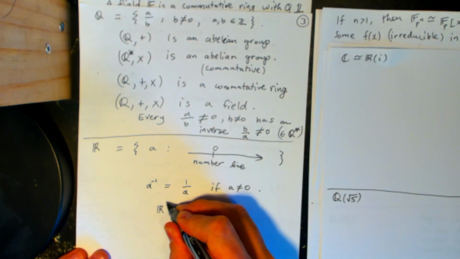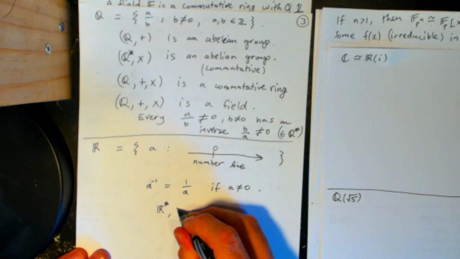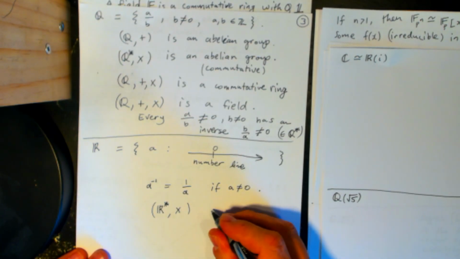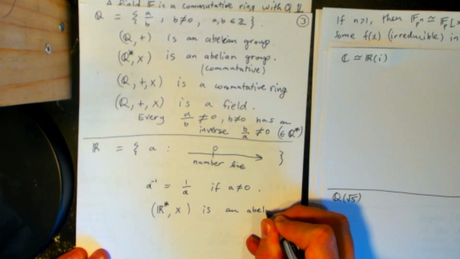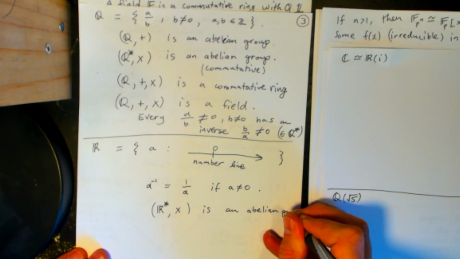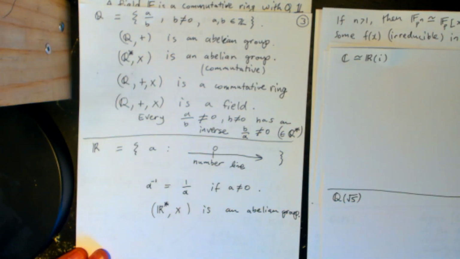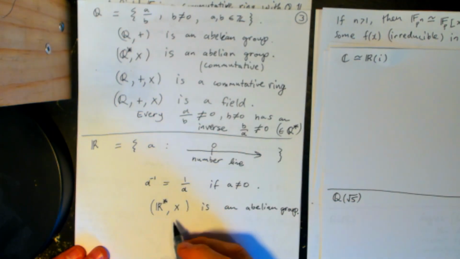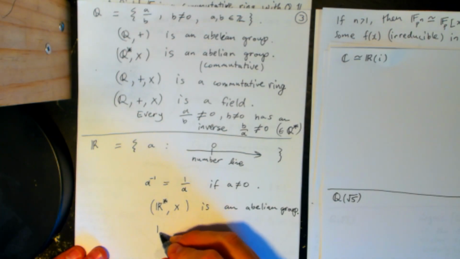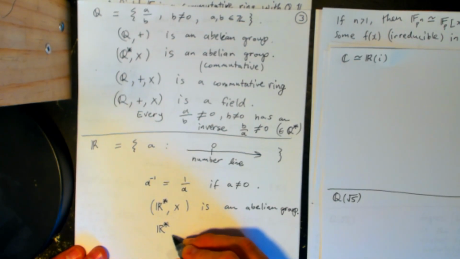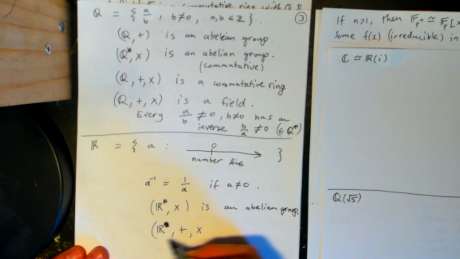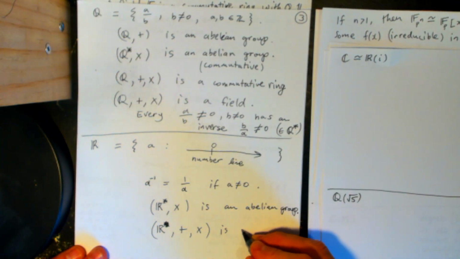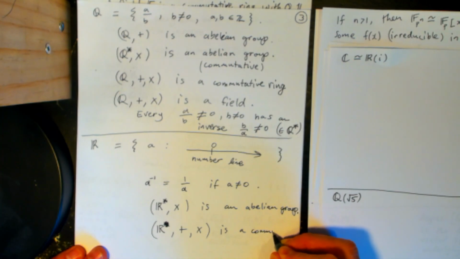And so real numbers excluding 0 together with multiplication form an abelian group. Okay, and this, actually I didn't need to exclude 0 there. So actually I'll just cross that out. This is a commutative ring.